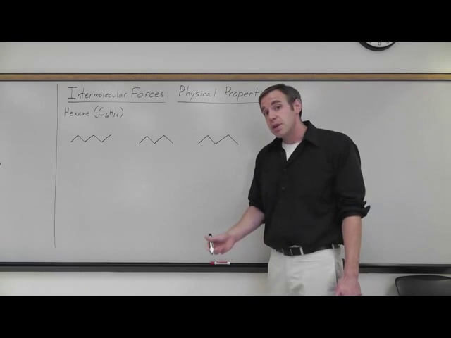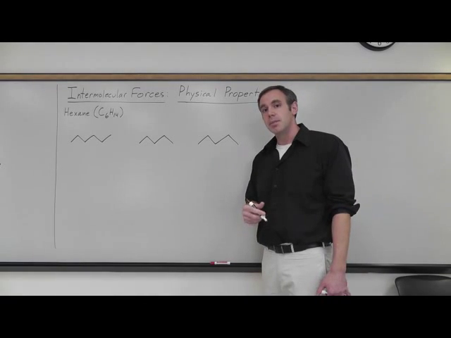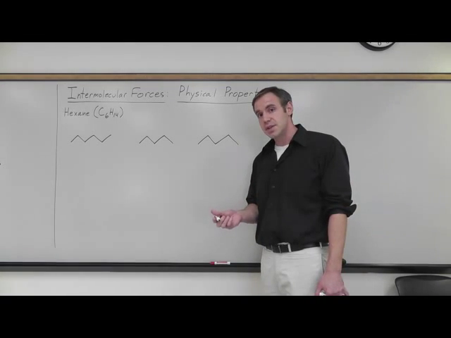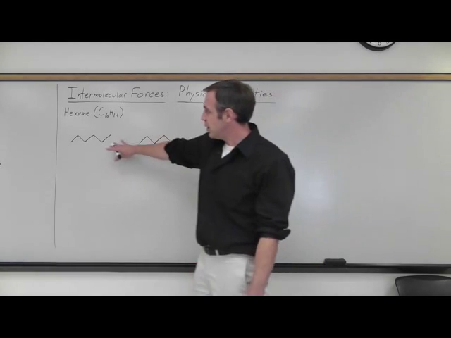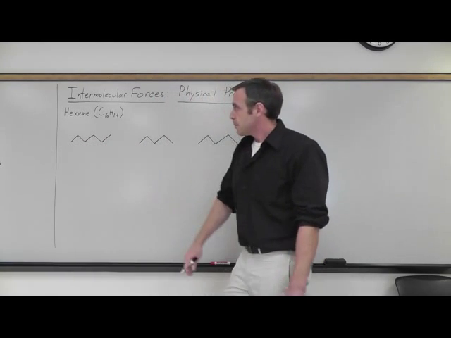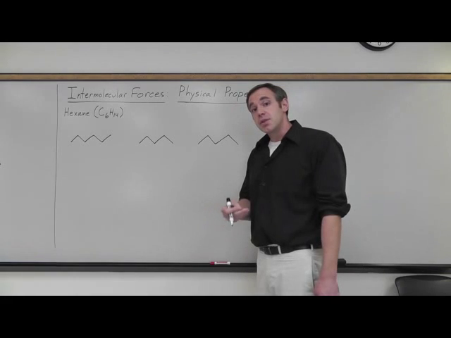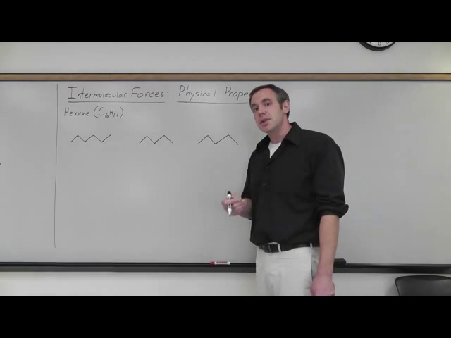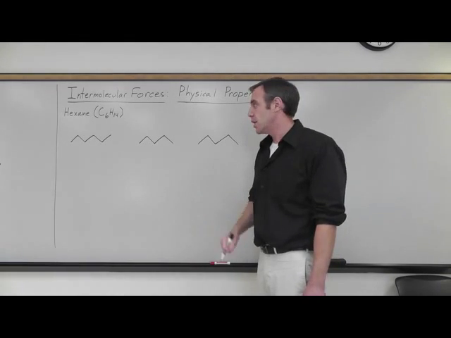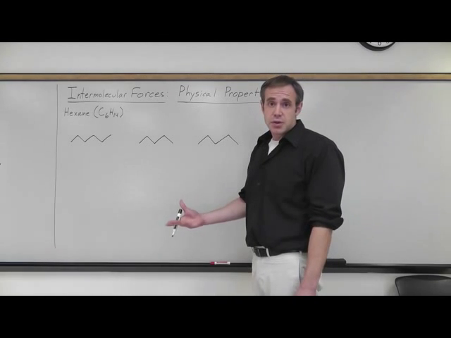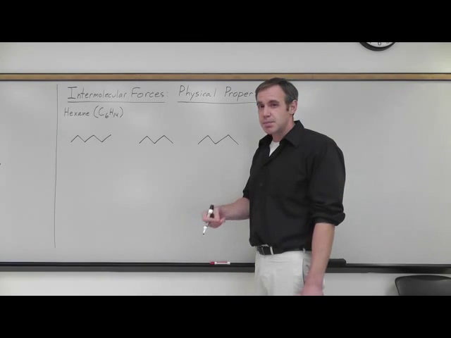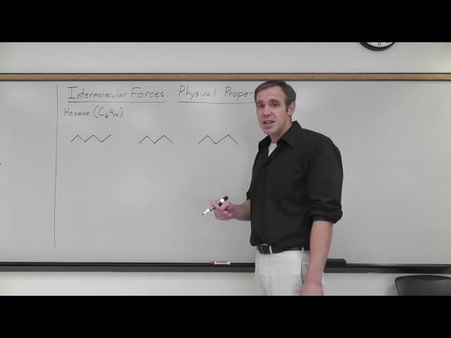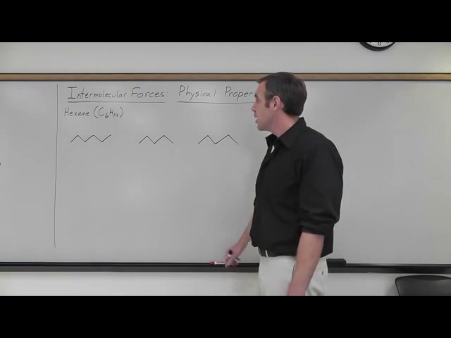One of the easiest ways to draw additional constitutional isomers is if you start with a long chain. You'll know that if you make another 6-carbon chain, it will be the same exact molecule, hexane. To draw constitutional isomers, we're going to have to put in branches or kinks in the chain.